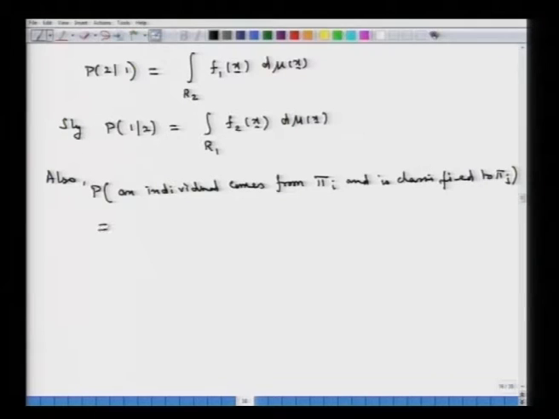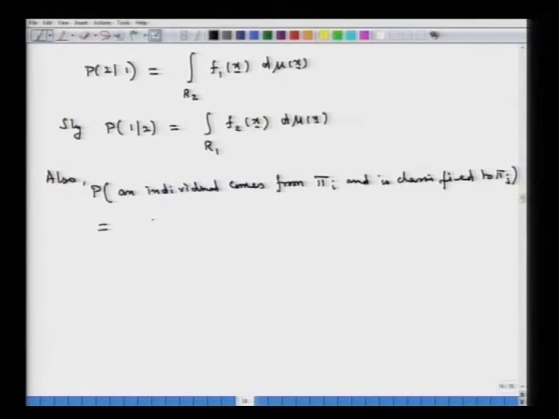This basically is a joint event that an individual is coming from pi I and then it is getting classified into pi j. So, it is the probability that an individual first comes from pi I, times the probability that the individual is classified into pi j, given it has already come from pi I.